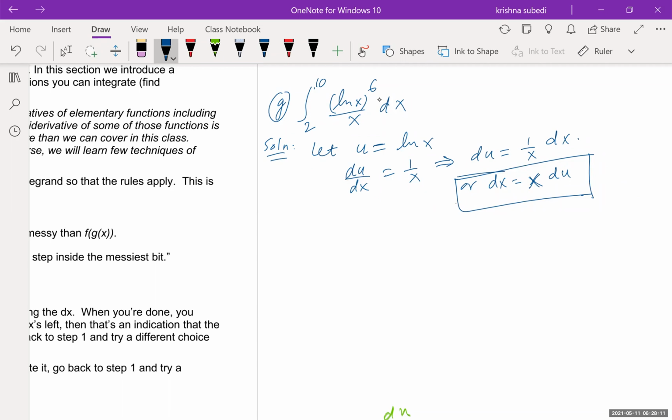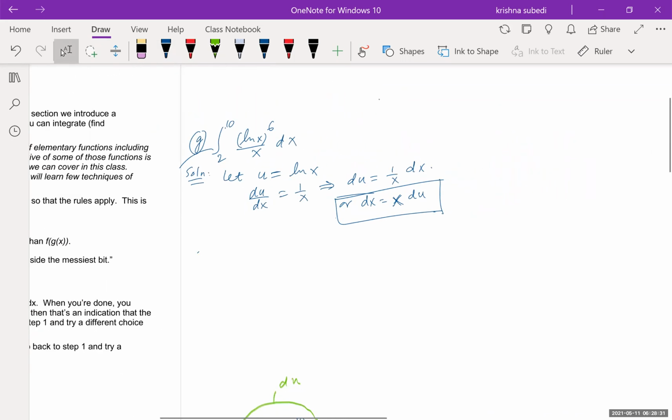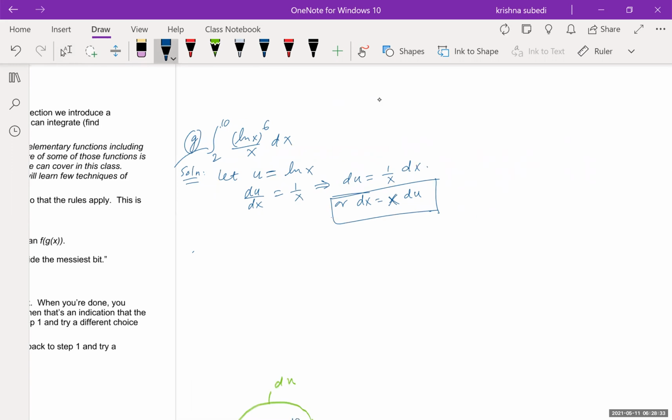Okay. Now one thing very important. This 2 and 10 is the limit for x. Now you replace that x by u, then you must change the limits as well. Okay. So changing limit.